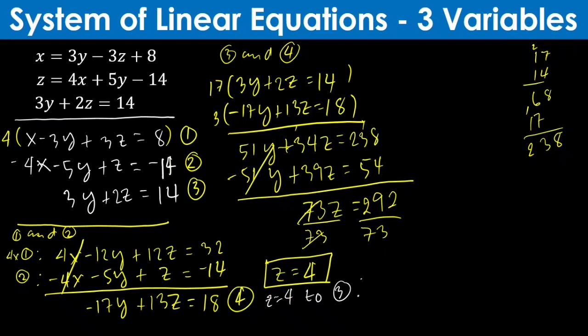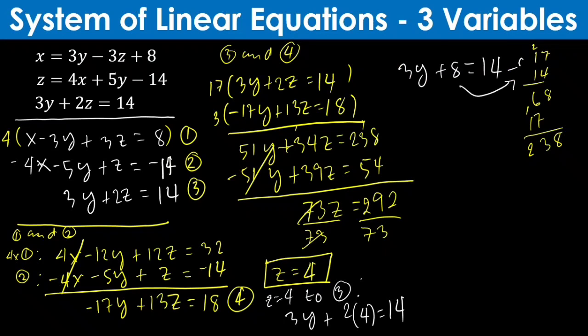Okay, we have now 3 times y plus, change our z to 4, plus 14. And then let's continue here. We have 3y plus 8 equals 14. Move our 8 here, it's minus 8. It will be gone. So 3y. Now 14 minus 8 is 6. Divide 3 both sides.